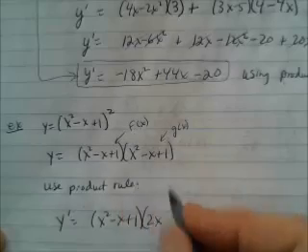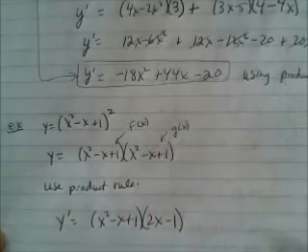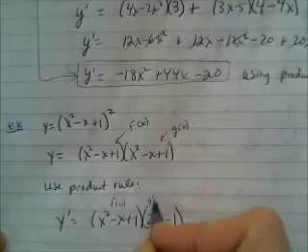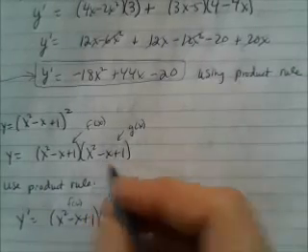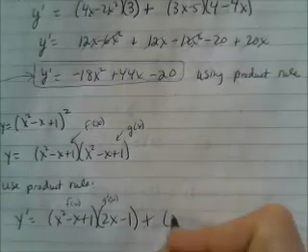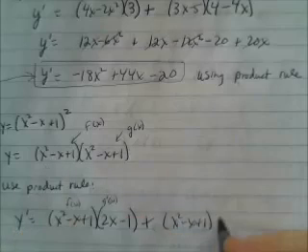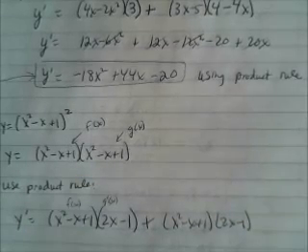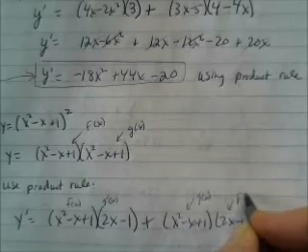The derivative of negative x is minus 1. The derivative of 1 is 0. So there's the first times the derivative of the second. And then you have to add that to the second, which is g of x, x squared minus x plus 1, times the derivative of the first. Well, the derivative of the first is just 2x minus 1. So this is our g of x, and this is our f prime of x.